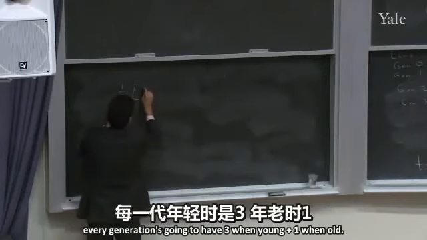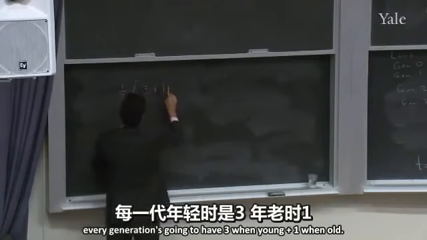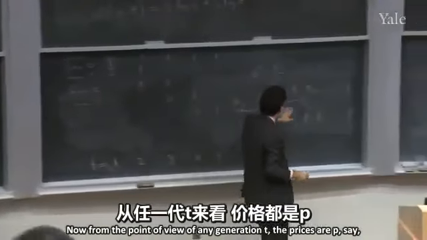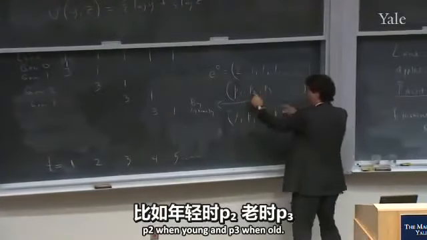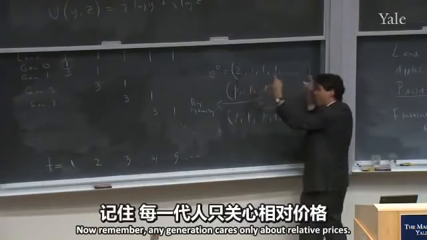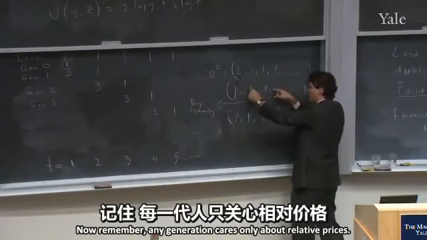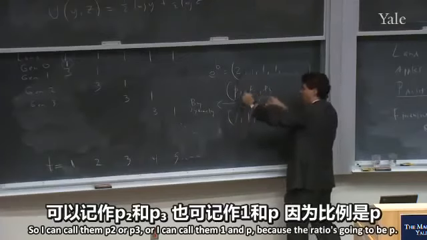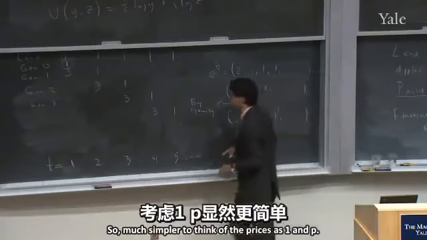Every generation is going to have 3 when young plus 1 when old. Now from the point of view of any generation T, the prices are P2 when young and P3 when old. Remember, any generation cares only about relative prices. So I can call them P2 and P3, or I can call them 1 and P, because the ratio is going to be P. So much simpler to think of the prices as 1 and P.